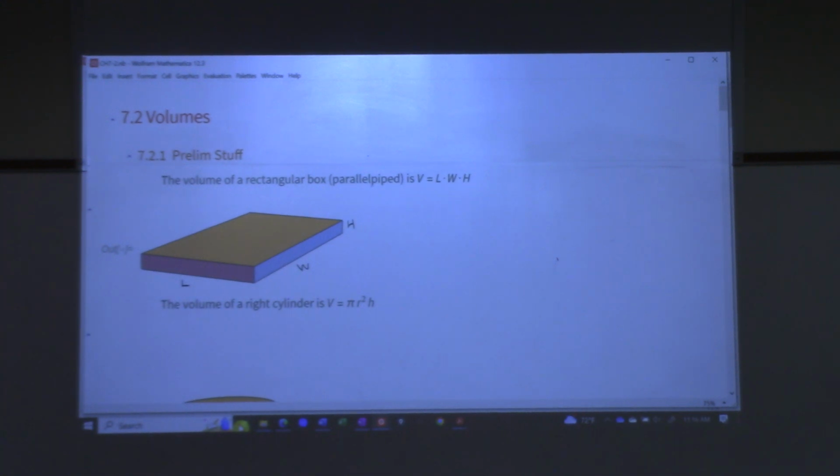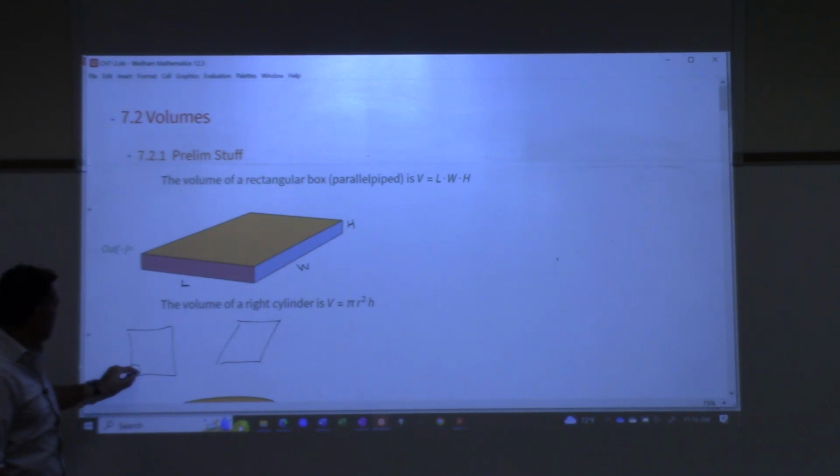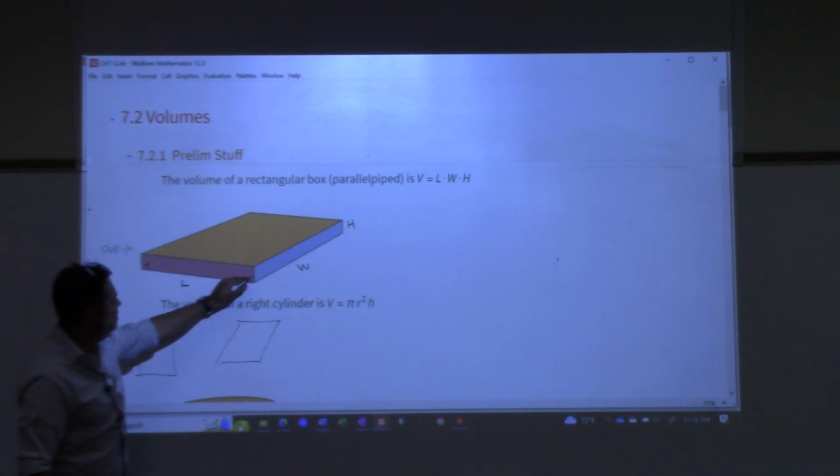But we need the parallel part, and nothing is tilted over. You could have a square, or a rectangle, and these are right angles in here.